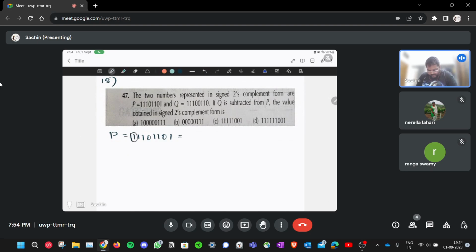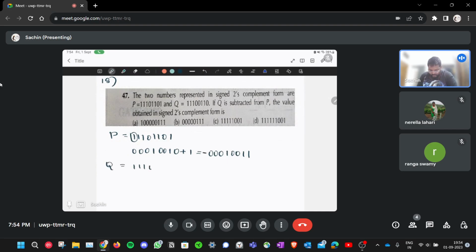To get the magnitude, you have to do 2's complement again. So 0001 0010 plus 1, which is 0001 0011. That's p, so p is minus this number.